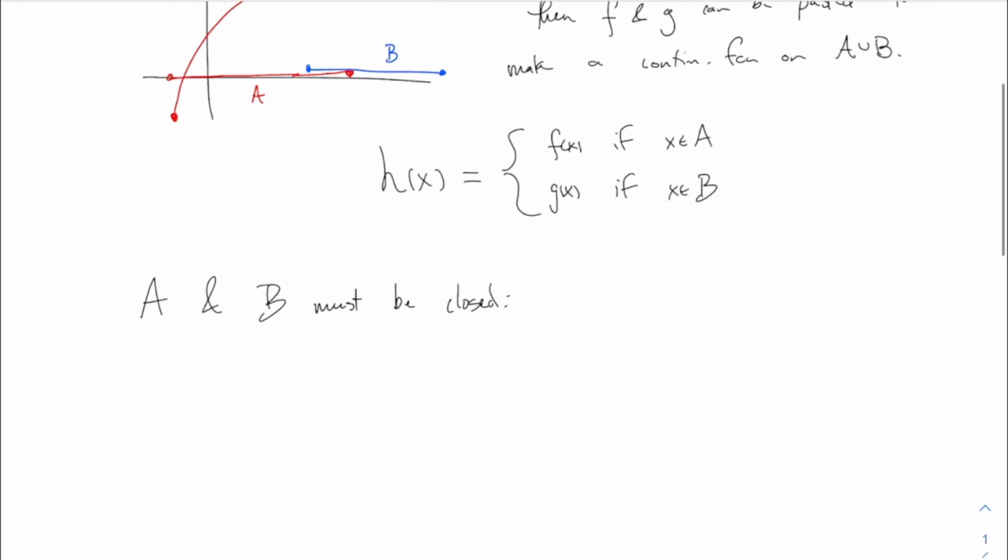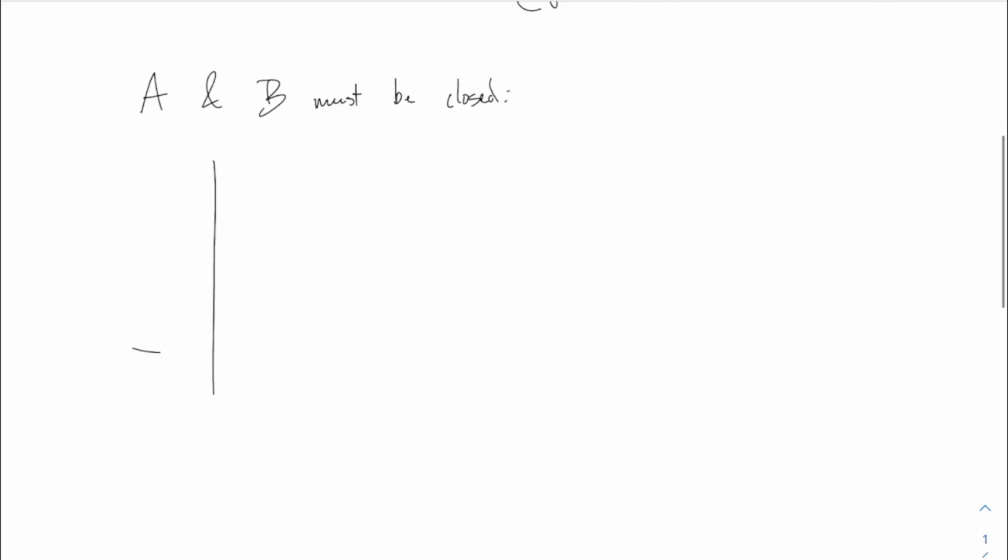For example, if A and B are not closed, you can do something weird like if A was, say, this domain here without that point, so letting A be this is not closed. And then let's say B is this domain here, which does include that point, but B can be closed actually. The fact is, both of them have to be closed. In this example, one is closed, but the other is not.